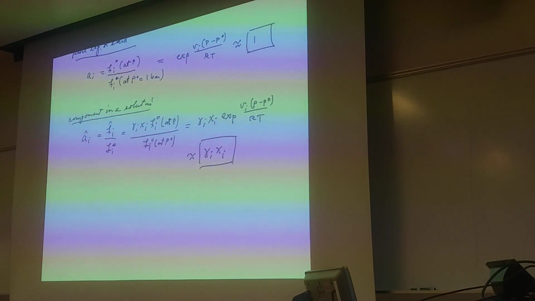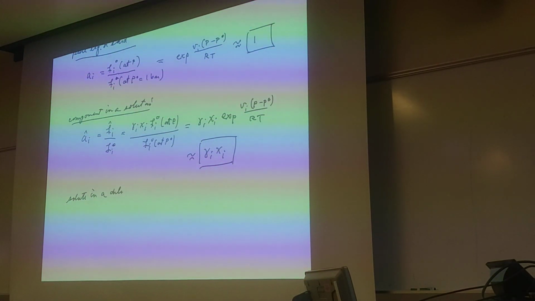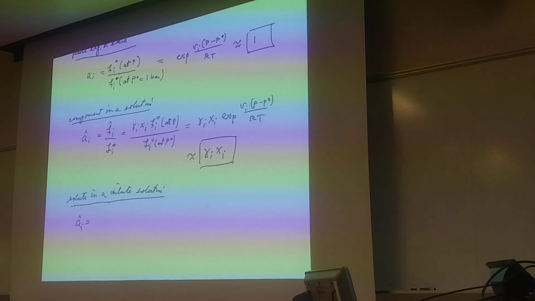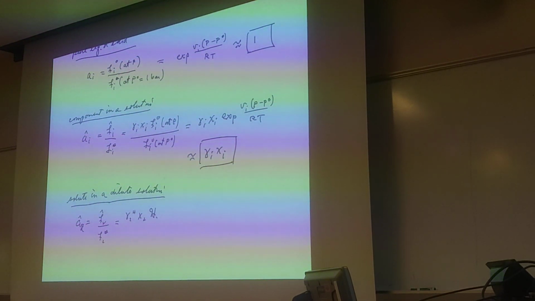So for a component in a dilute solution, let's call that a2, the way we write that out with complete generality, doing it in terms of mole fraction, is gamma 2H times x2 times Henry's constant.